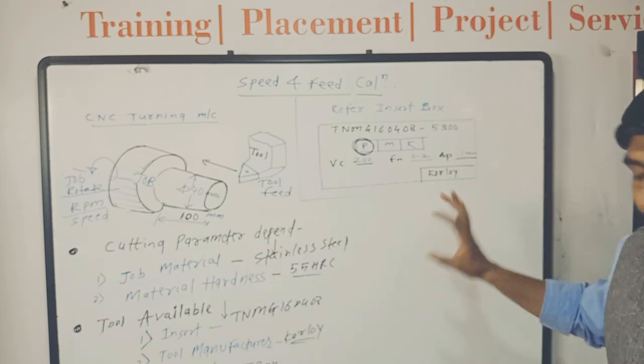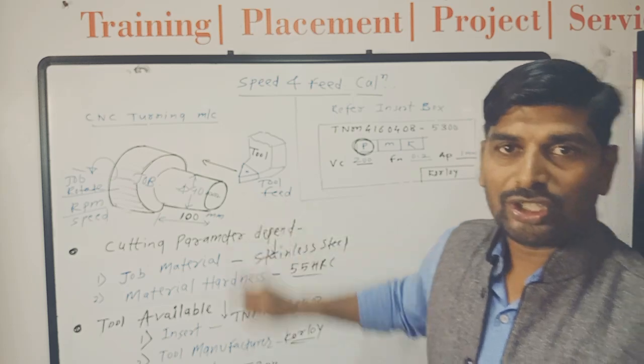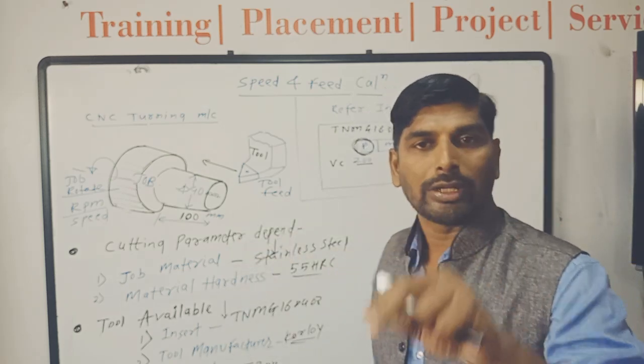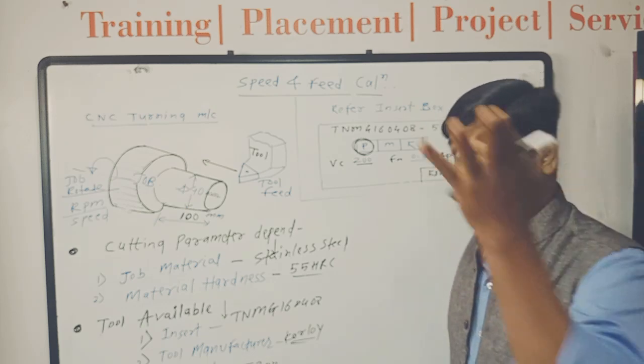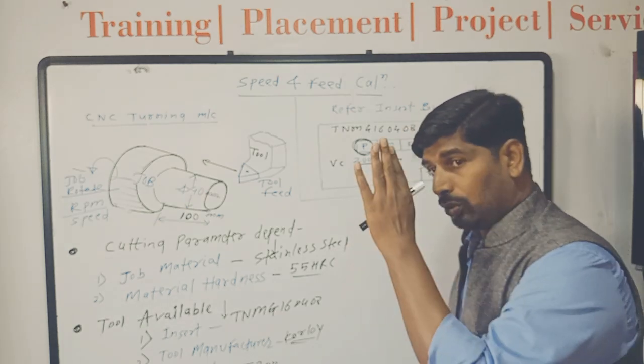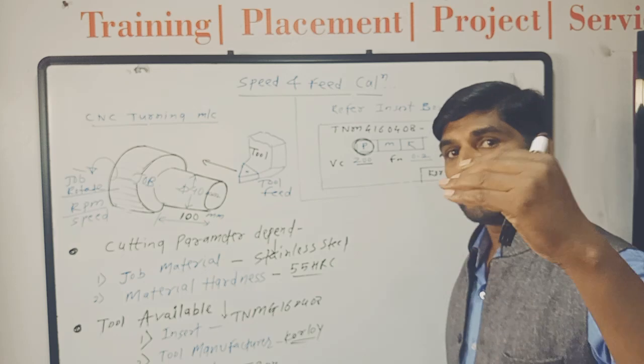Now, as per our calculation, for this job, 2 minutes will be required for one job. Within 1 hour we can make around 30 jobs, and with that 2 minute cycle time we have almost considered every factor.